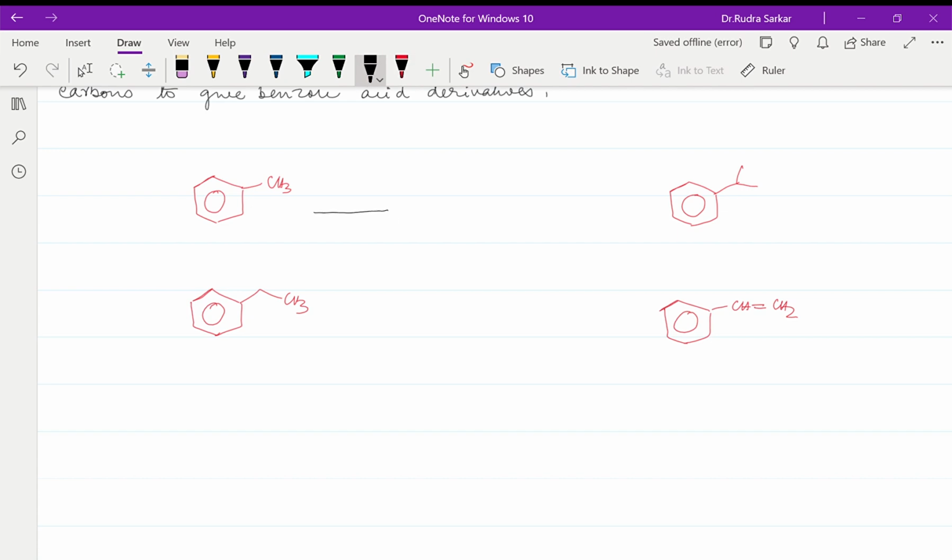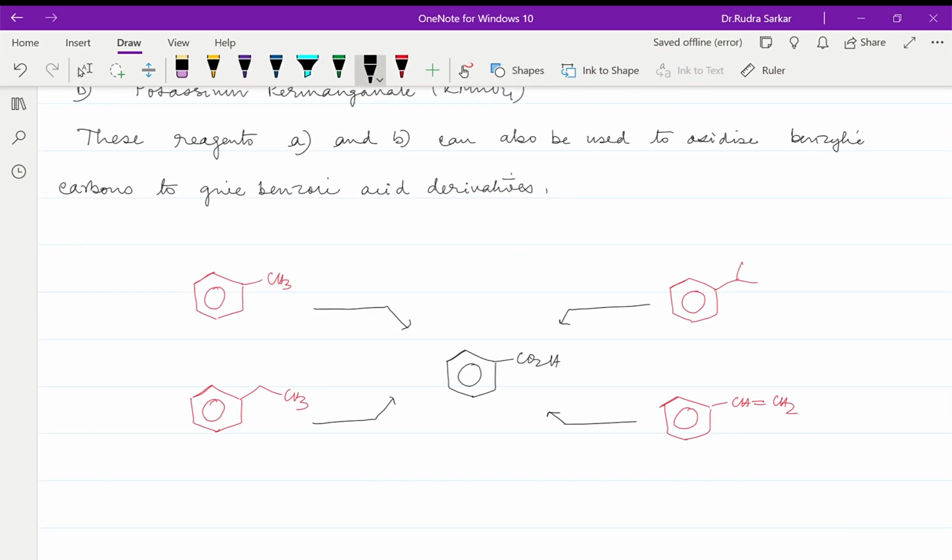All of these can be converted to benzoic acid using the reagents A or B.